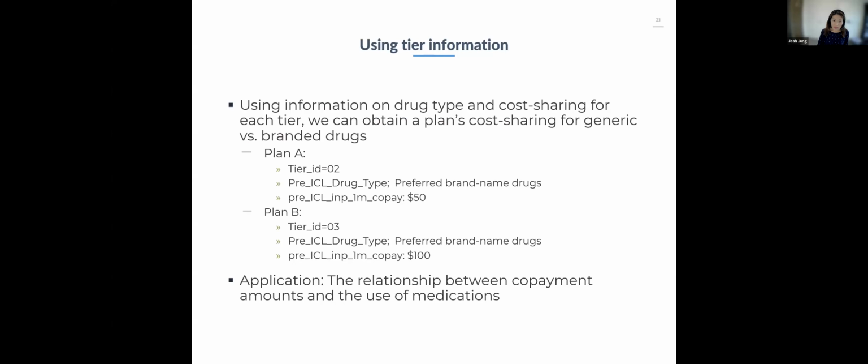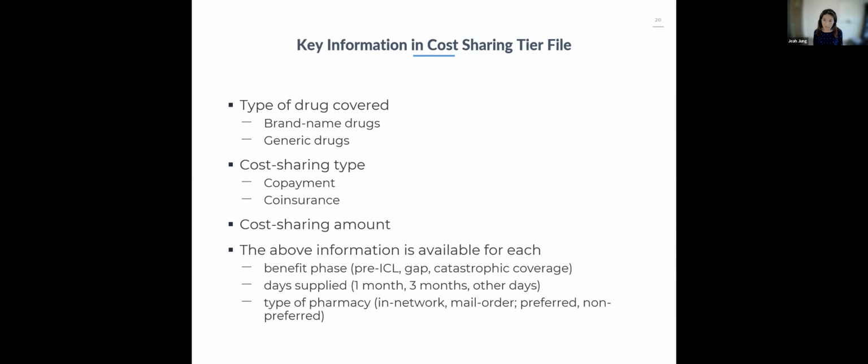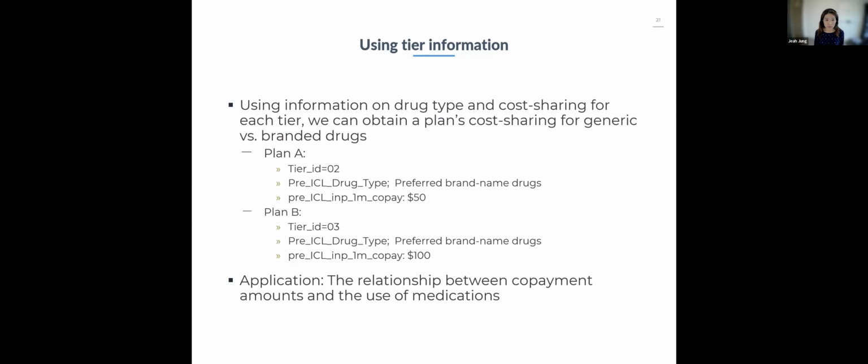So here's an example. You can think of, do we really need this file, or how can I use this file? Here's one example of how you can use this cost sharing tier file. Using information on drug type and cost sharing for each tier, for each plan, I'm going to simplify the information by generic versus brand name drugs, and then the cost sharing amount for each type of drug.